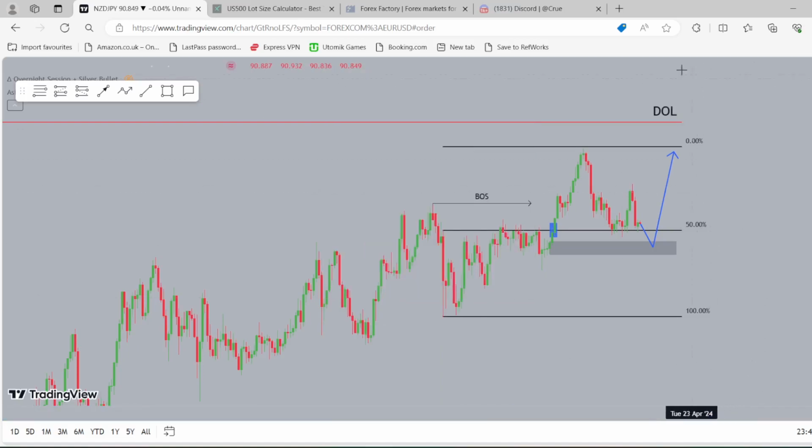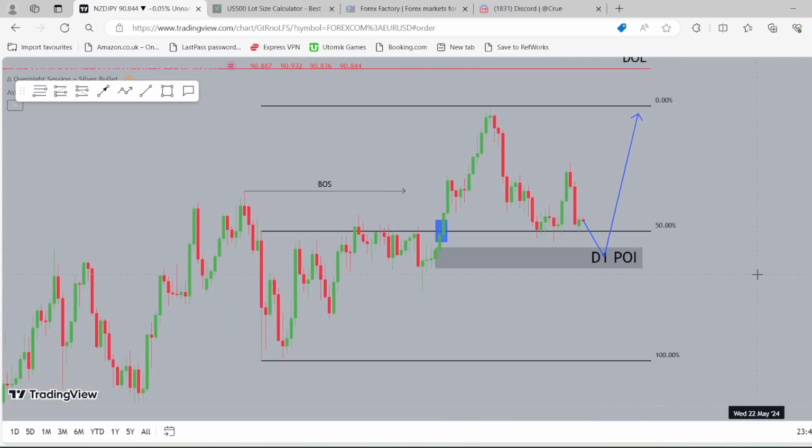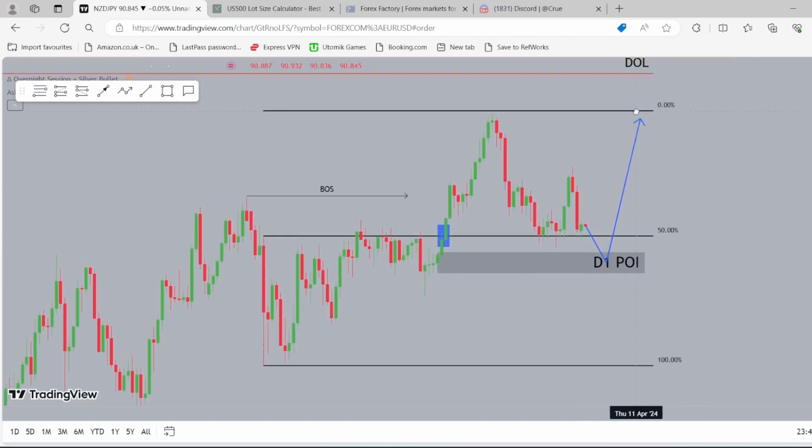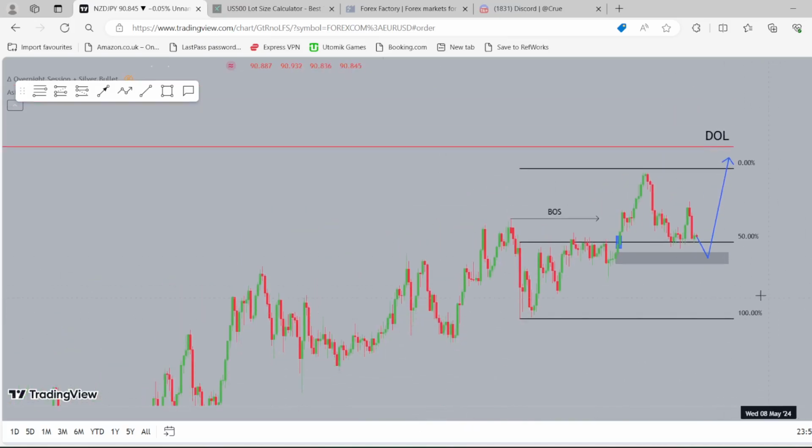The way I'm currently dissecting this market is we've got bullish structure on the daily time frame, so we could see price tap into this daily POI and head higher, continuing all the way up to this daily DOL zone. That's one particular scenario. Now, we should consider both sides of the market.